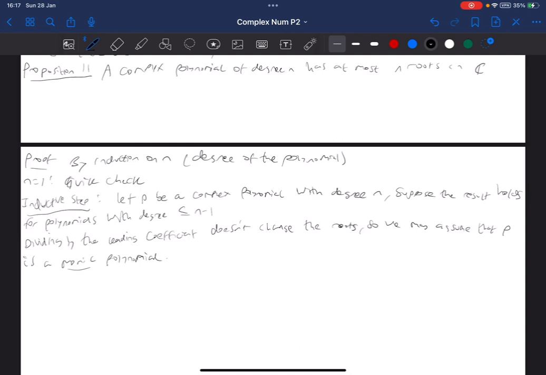That's what this is. So if I explain this in actual notation, P of x will be x to the n plus a_{n-1} x to the n minus 1, all the way down to a_1 x plus a_0, for some a_0, a_1, all the way up to a_{n-1} in C. For any variable that you state, you should tell me what it is.